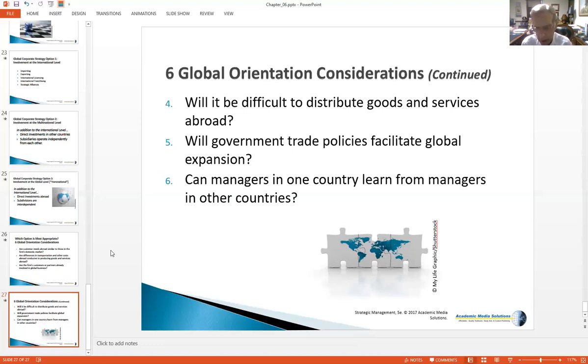And finally, can managers in one country learn from managers in other countries? And that's what you're looking for when you're talking about a transnational strategy to growth.